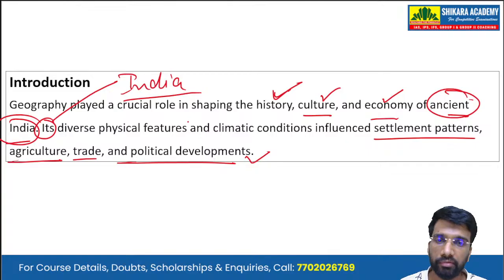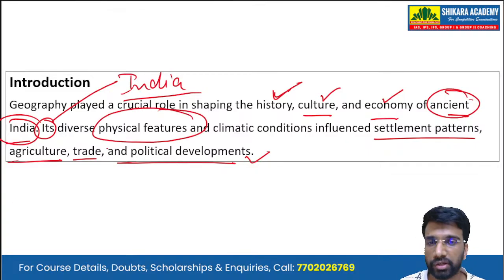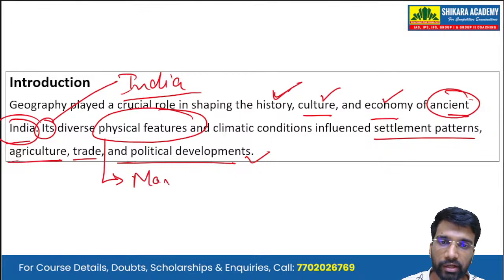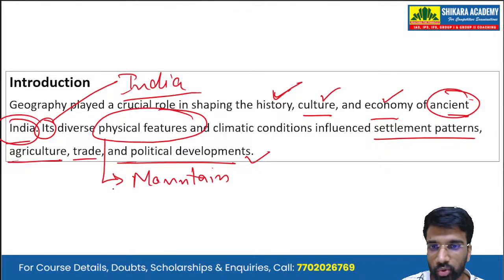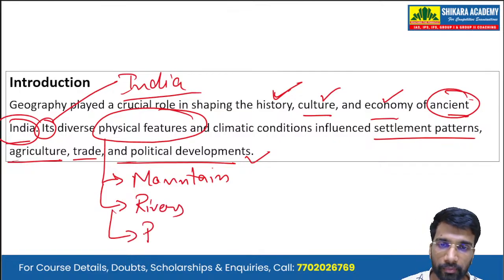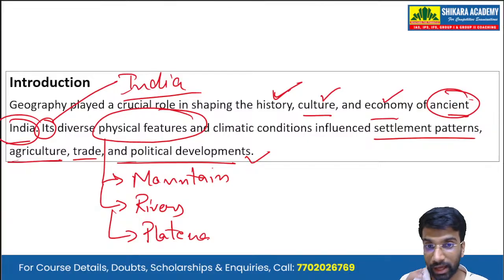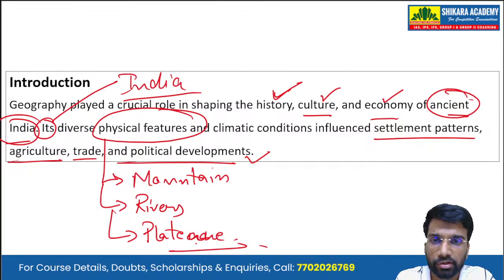So we know that India's physical features are very diverse, starting from the Himalayas and mountains to river plains, to plateau, to coastal regions, as well as the desert region. So India has very diverse physical features across its landscape.